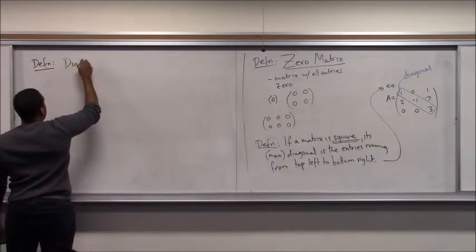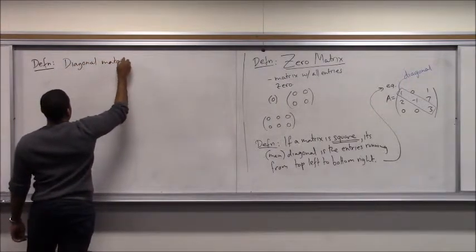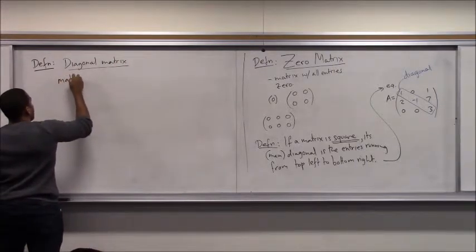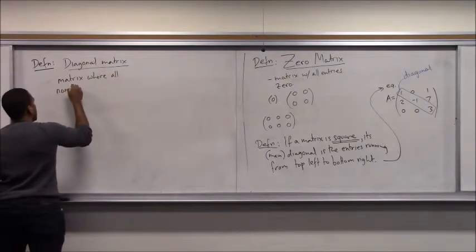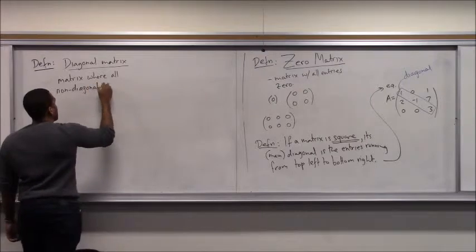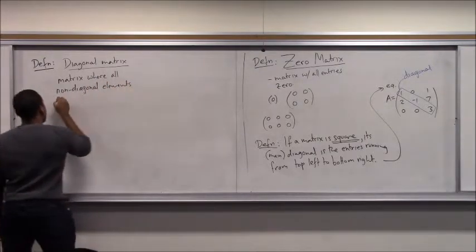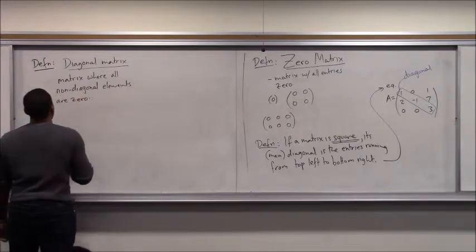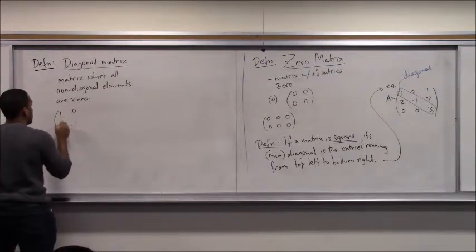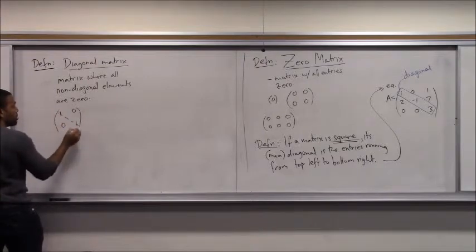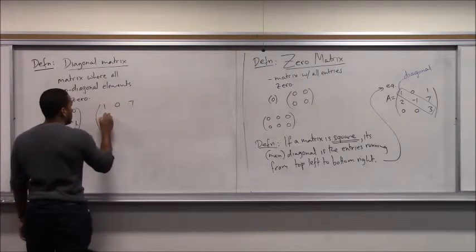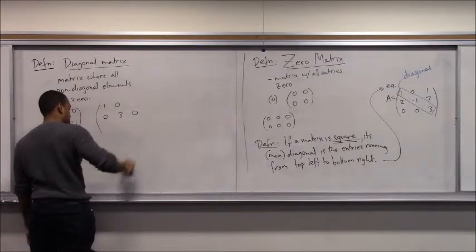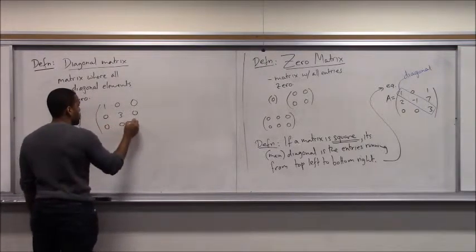A diagonal matrix is a matrix where all non-diagonal elements are 0. So that's a diagonal matrix because the guys are on the main diagonal, but everywhere else is 0. Or 1, 0, 7, 0, 3, 0, 0, 3, 0, 0, 0, minus 1.